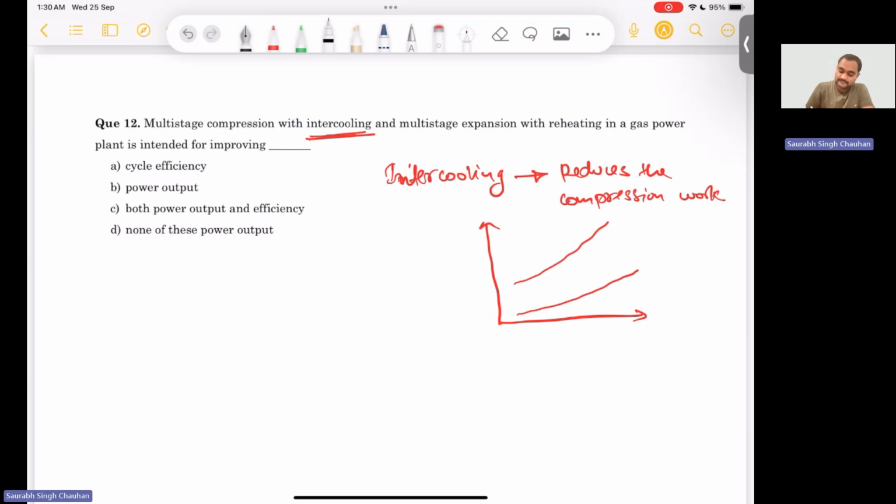We discussed that instead of compressing the whole air in one stage, we can compress this thing in more than one stage.